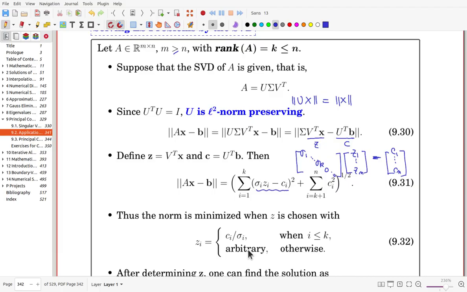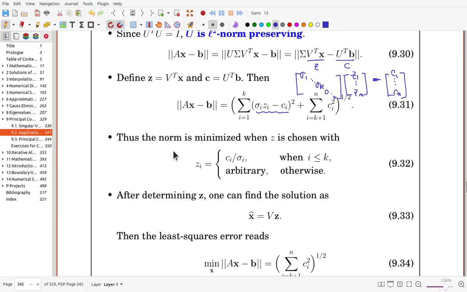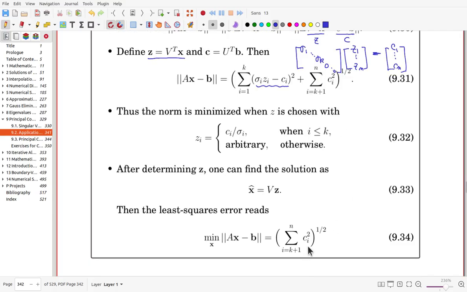Let's assume we determined them. Then, once the vector z is determined, from the definition, z is V transpose x. So we multiply V, then Vz equals x. X hat can be found through this equation. Now the least squares error in this case is exactly the same as that one. This will be 0, and this is the remaining part, which is the error. So we have this error.